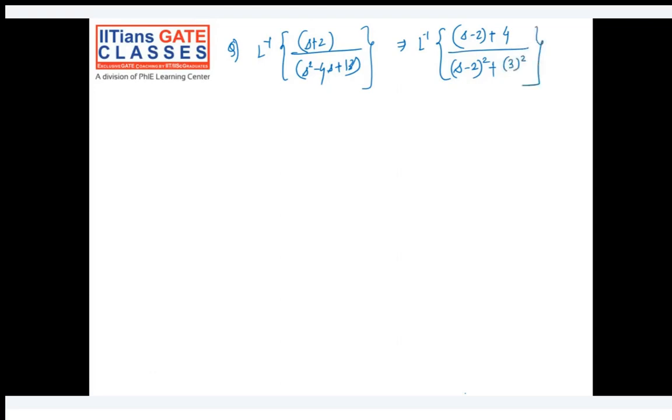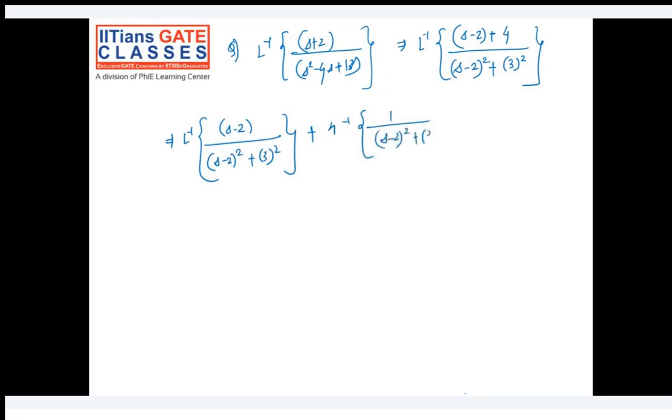And then if I break it from here, can I further write it like this: s minus 2 divided by s minus 2 whole square plus 3 square, plus 4 times inverse Laplace of 1 divided by s minus 2 whole square plus 3 square.